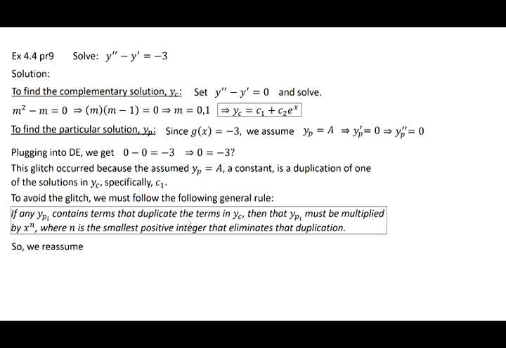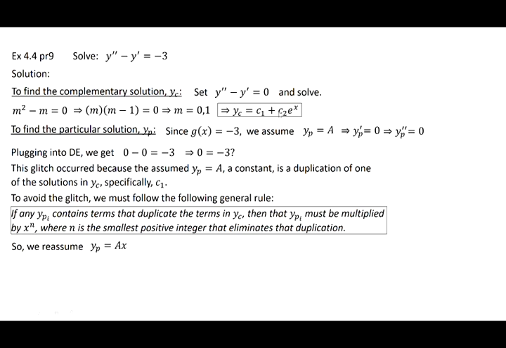Okay, so let's multiply this original one that we assumed for y sub p by an x and say y sub p equals ax. Don't go with it yet. Check again. Has this eliminated a duplication with the complementary solutions? Is ax a duplication of C1? Nope.